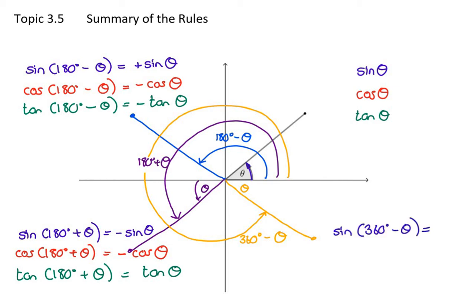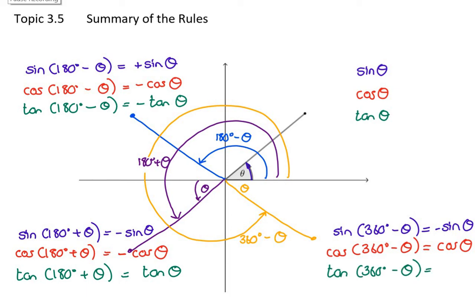So our first one, which is sine of this angle of 360 minus theta, this will be the negative cousin, simply because we're working in quadrant 4. If we look at cos, this is the quadrant where cos is positive, because this is the fourth quadrant, so this will reduce to cos theta. And finally, you have tan of 360 minus theta, and that will reduce down to negative tan theta, because we're working in quadrant 4.